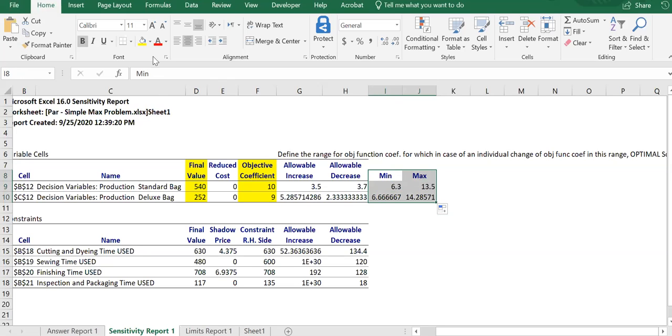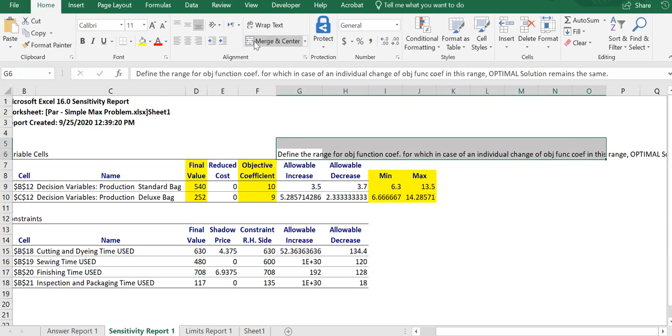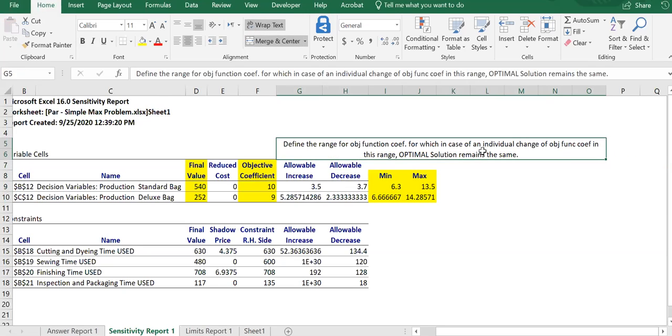So these guys define the range. So now I have the range for each objective function coefficient. An individual change within this range is not going to change our optimal decision.